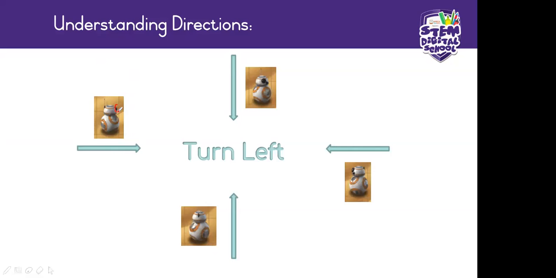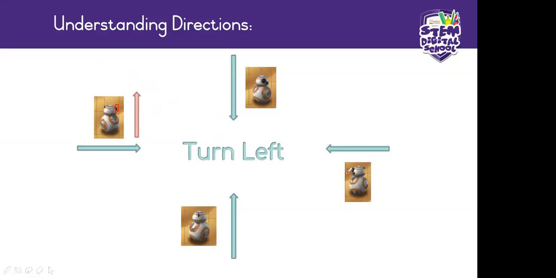I'm going to circle it. That is BB-8's eye. This picture is maybe better. Here where he's looking at you, that is his eye. So in this picture, his eye is on this side. So it means he's facing this way. Okay. So when he faces that way and we say turn left, it means he is going to turn up.